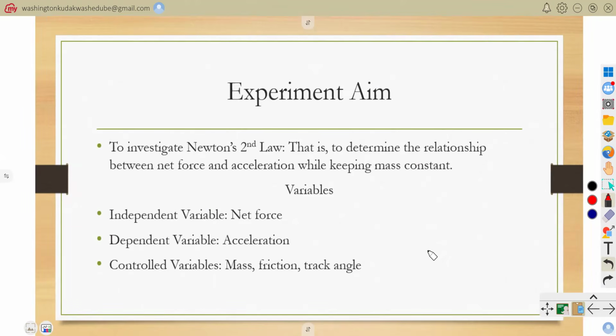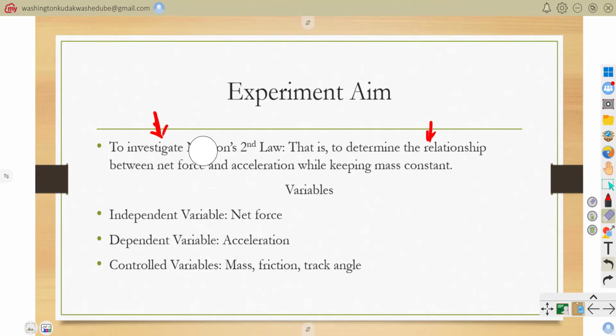After we have said that, now we want to dive into Newton's second law, but we now want to use an investigation. We have got an experiment that we use to investigate Newton's second law. This experiment helps us to determine the relationship between force as well as acceleration while we are keeping our mass constant.